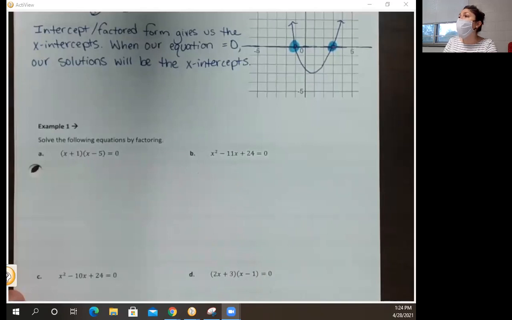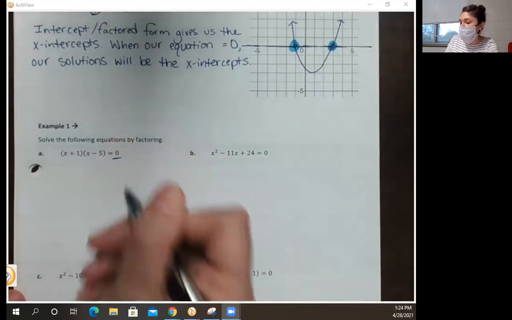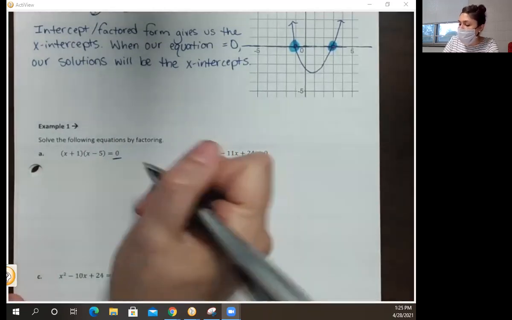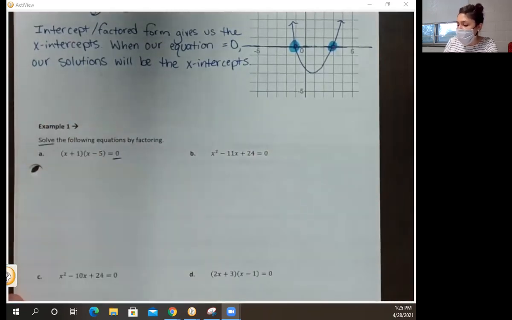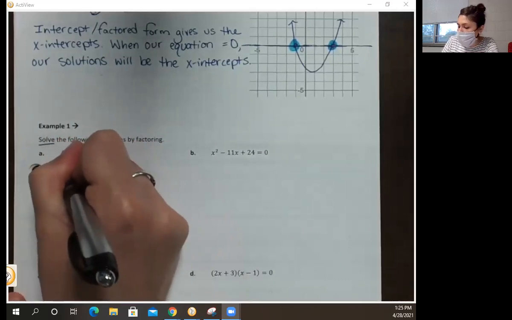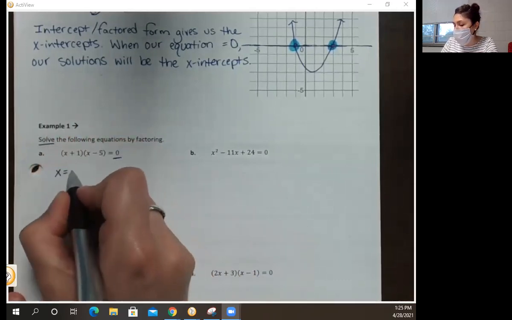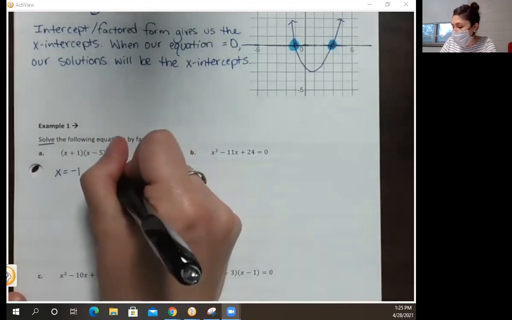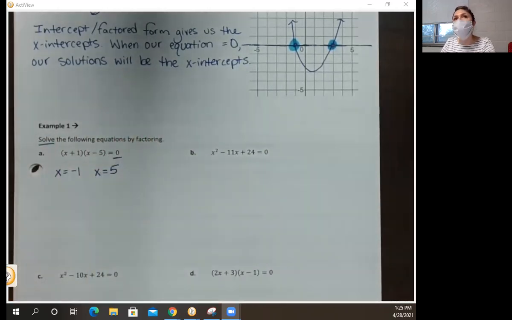This time I'm asking you what are the solutions here. And again, since we're equal to 0, my solutions will be the x-intercepts. So instead of saying the x-intercepts are such and such, since I want to know the solutions, I'm trying to solve this, I know that x equals -1 and x equals 5. So my solutions are -1 and 5.